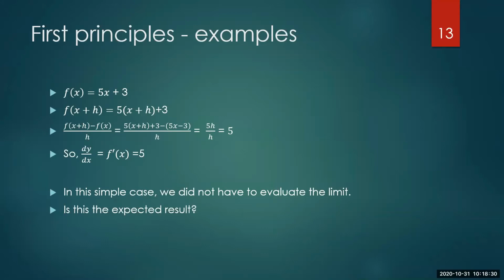So this is returning the slope of the line, which is nice. This is starting to feel a little more optimistic now. We're seeing that in some cases we don't even have to get the limit, and it does seem to work pretty well.